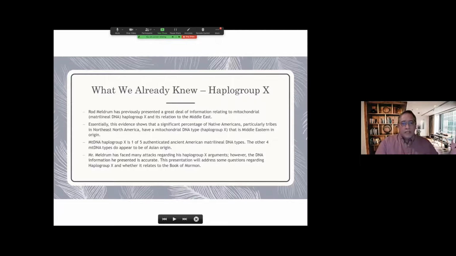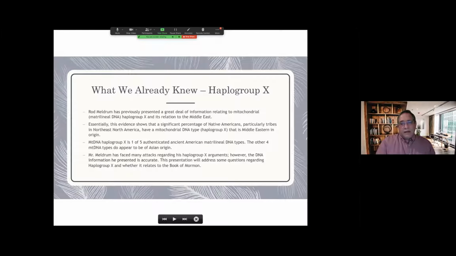When they do this DNA research for the matrilineal line for Native Americans, what they find is that there are 5 authenticated ancient American matrilineal DNA types. 4 of them appear to be of Asian origin, which fits the traditional idea of an Asian migration to populate the Americas.